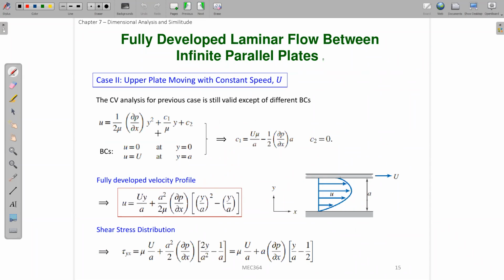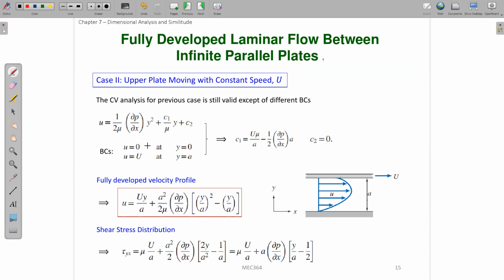We will still obtain this velocity profile with the two unknown coefficients C1, C2. The only difference is that the boundary condition changes: at the bottom, at y equal to 0, u equal to 0, but at the top, at y equal to a, u is not equal to 0 anymore, u will be equal to big U.